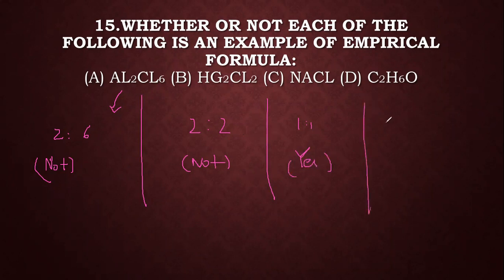In case of this one, 2:6:1, yes, this is an example of an empirical formula. So we have to identify the simplest whole number ratio.